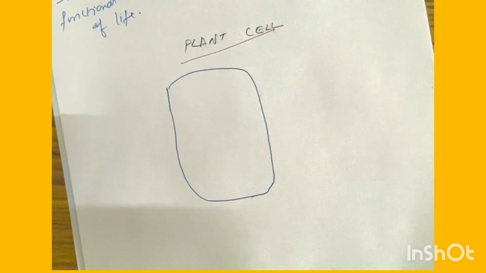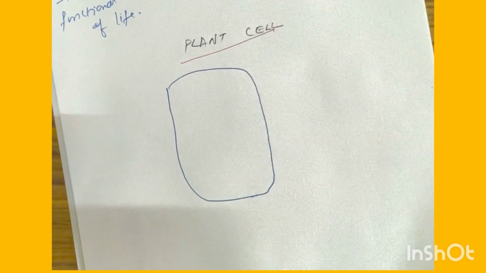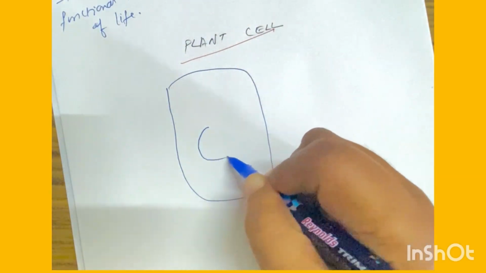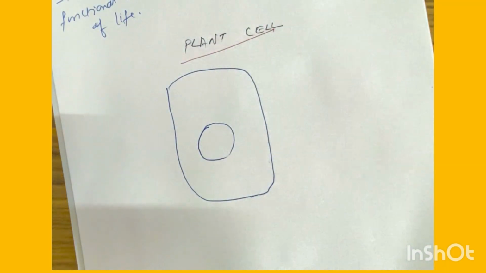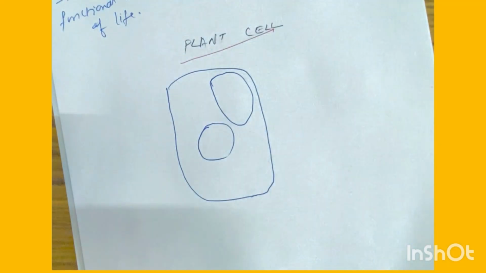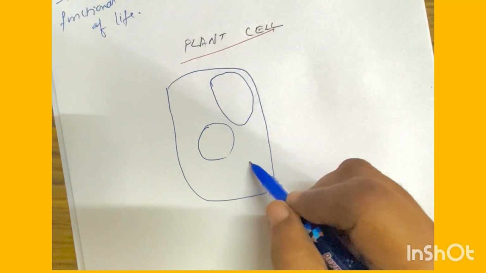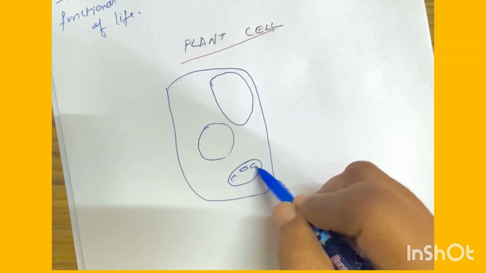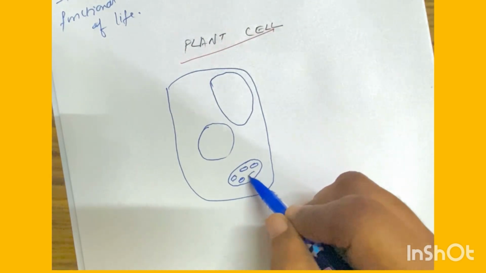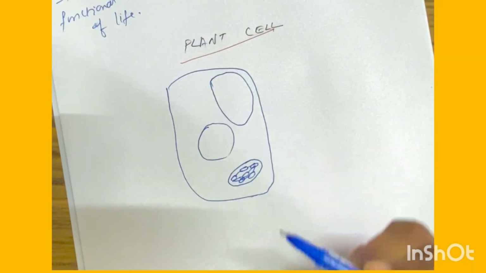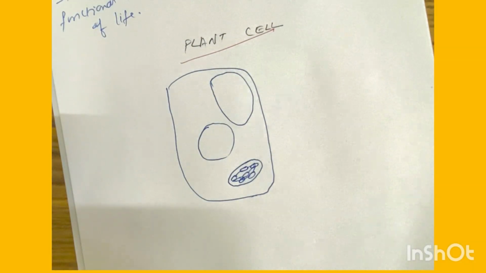This is your cell membrane, the basic simple plant cell, and of course, being a cell, it contains a nucleus. Because it is a plant cell, I have to draw vacuoles, and chloroplast. All of us know plant cells have chloroplast in them, which is why plants are green.